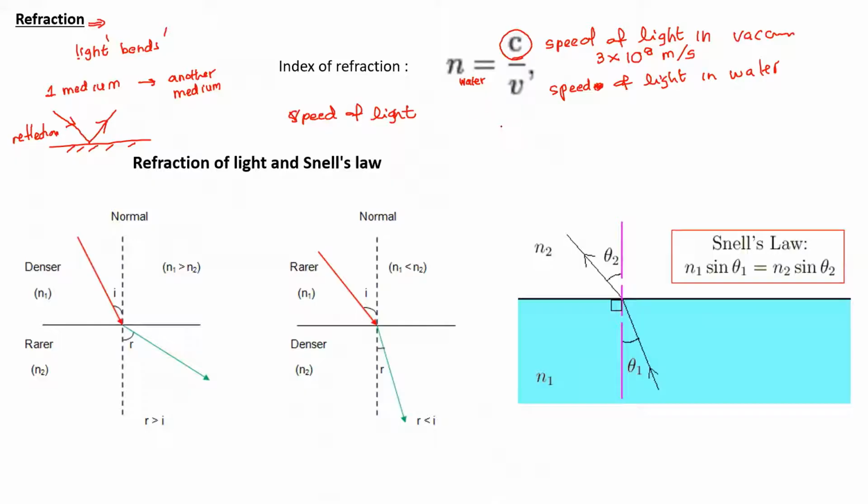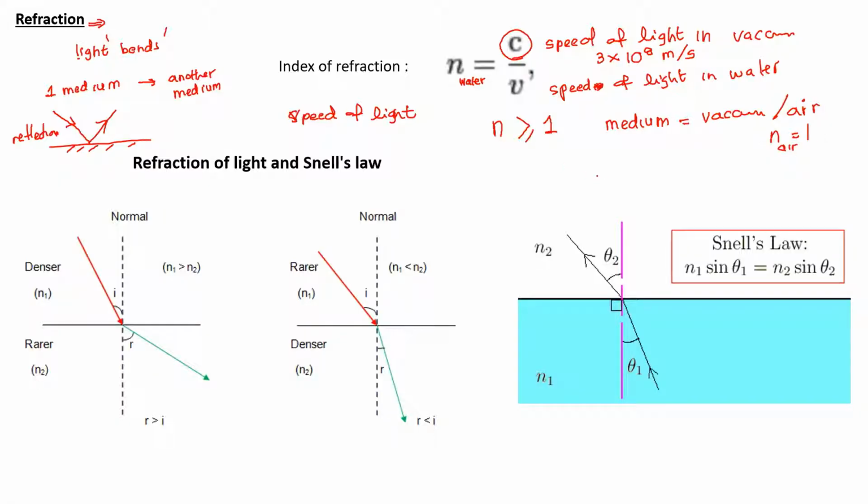So usually this n is greater than or equal to 1. If your medium is a vacuum, or air, it will be 1. For air, it is slightly higher than 1, but in problems you will see they always consider it as 1.